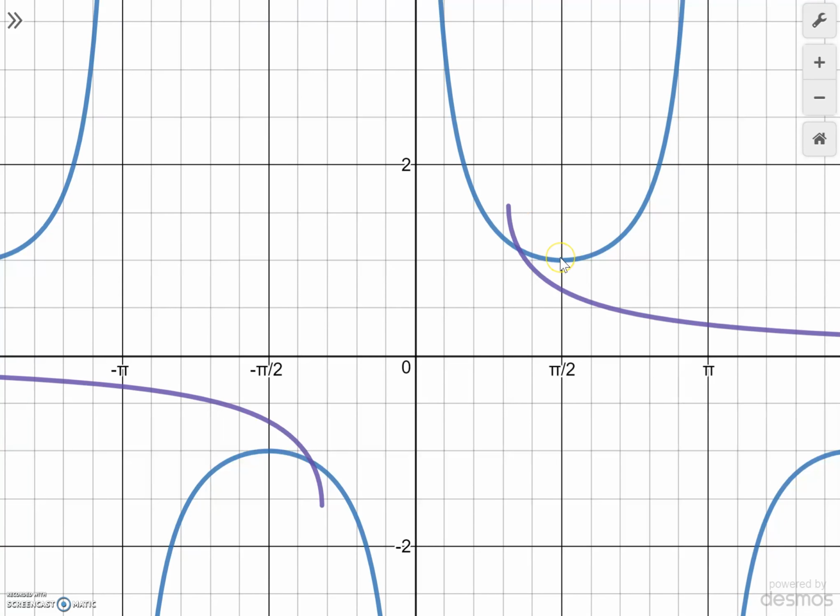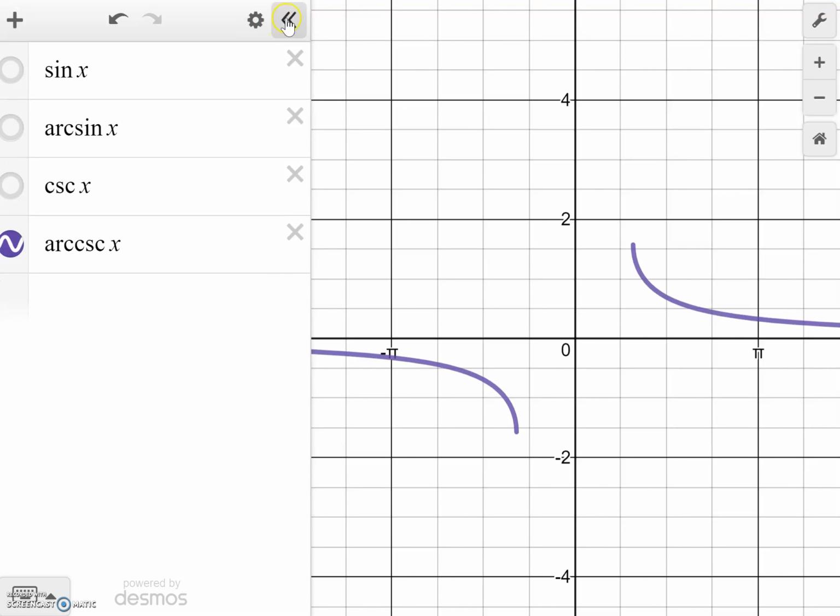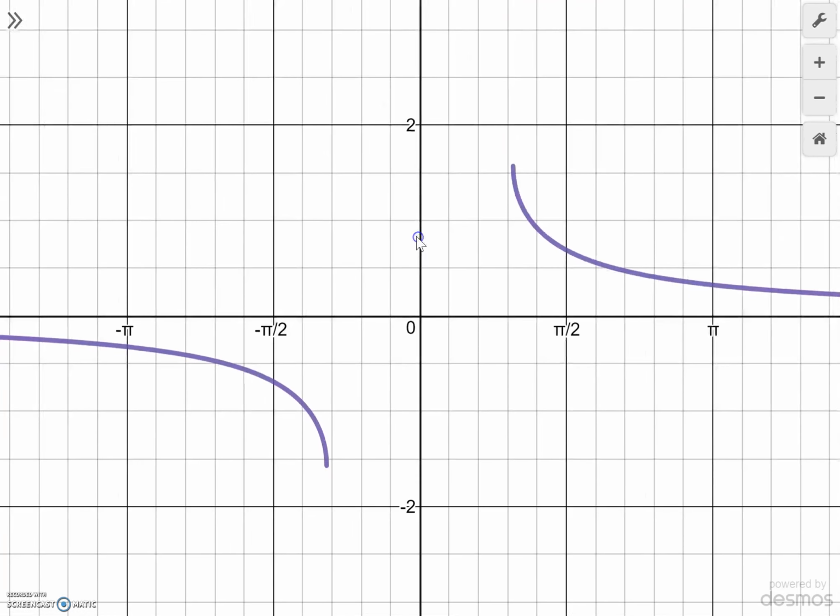From (pi halves, 1), the cosecant graph gets closer and closer to x equals 0, a vertical asymptote. From (1, pi halves), the graph of inverse cosecant gets closer and closer to y equals 0, a horizontal asymptote. Hopefully you got that. You may need to go back and re-watch. I'm going to turn off cosecant to explain what we really came here for.